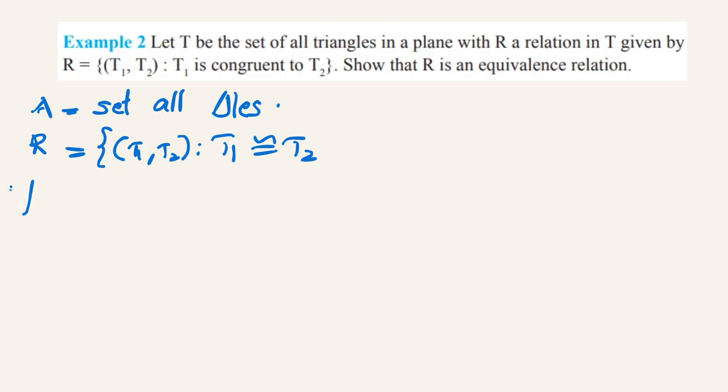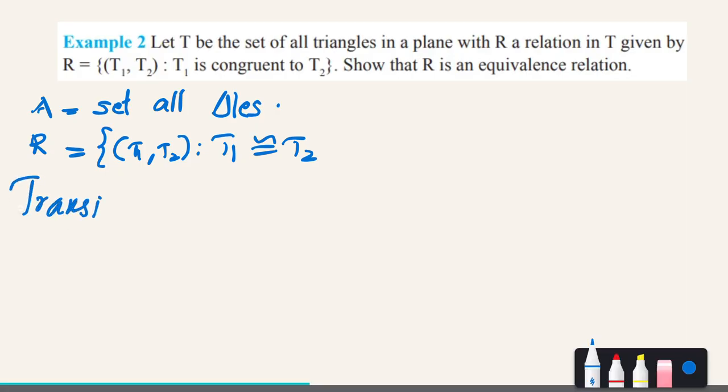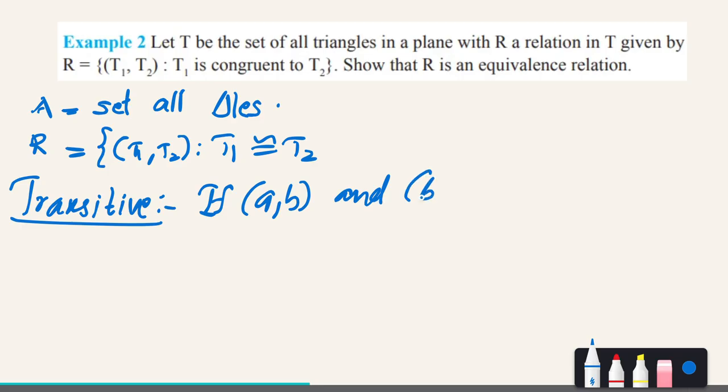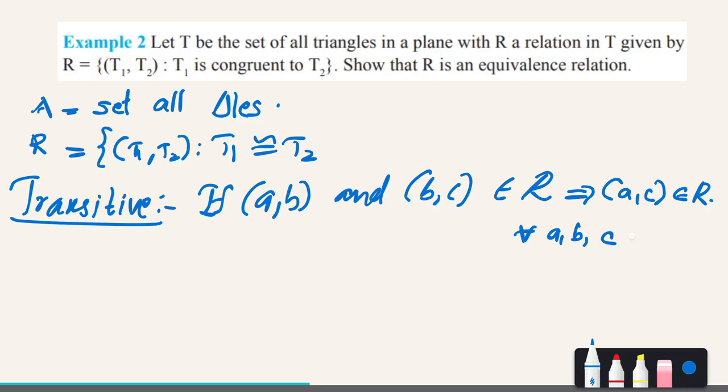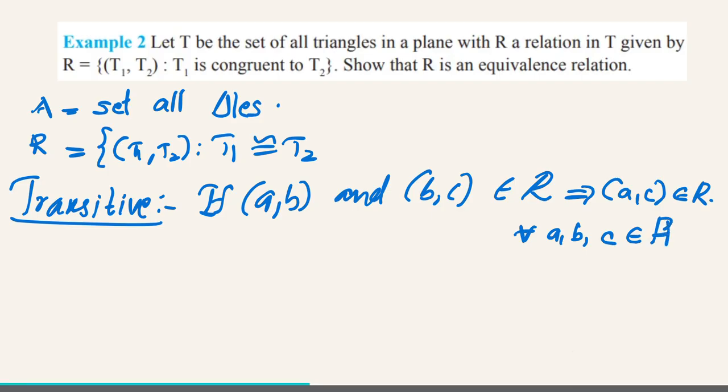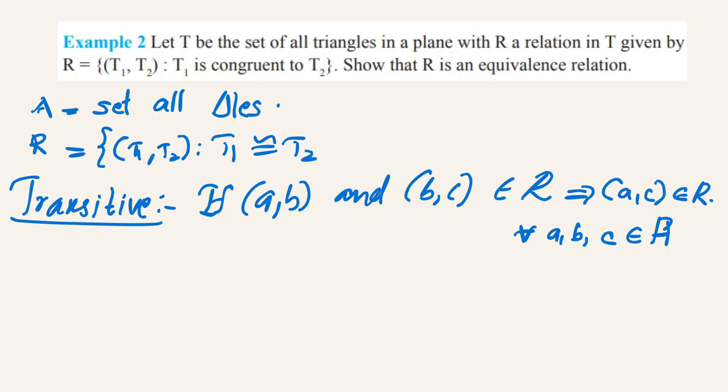Next, we have to check transitive. So what is the condition of transitive, dears? You know that if (a, b) and (b, c) belong to R, which implies (a, c) belongs to R, for every a, b, c belonging to the set A. Okay, dears, always you have to write the condition.